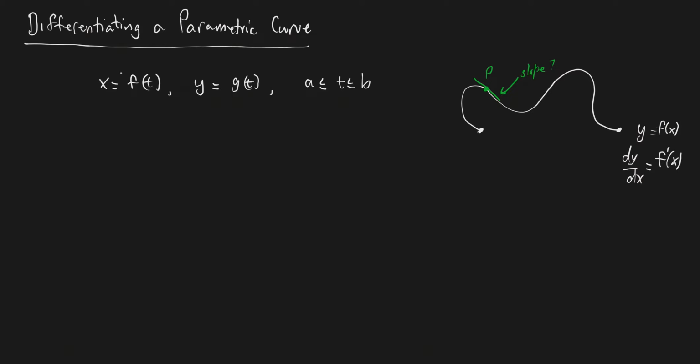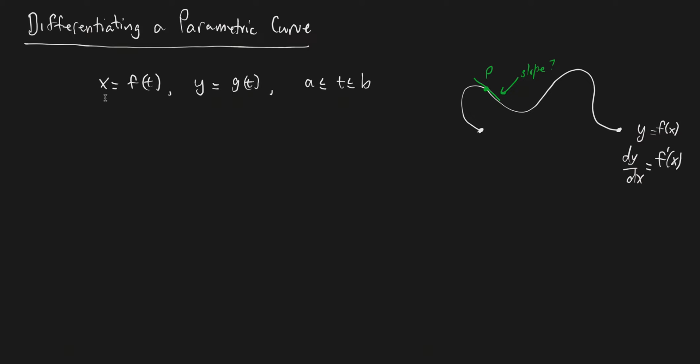Given two separate equations now, one for x and one for y, can we still come up with a formula for dy/dx? It turns out that if we rethink our chain rule, the first version of the chain rule, we can apply it to these two equations. That first version actually comes from two separate equations that we put together. Here we assume that f and g are both differentiable.